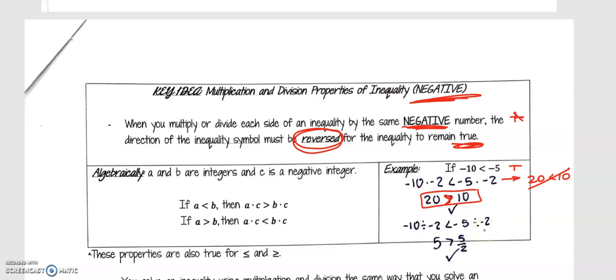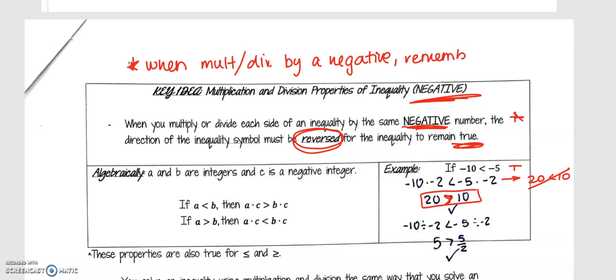Same thing with division. So we have to remember, and let's jot this down if we haven't already, when multiplying or dividing by a negative, remember to flip the sign of the final answer.